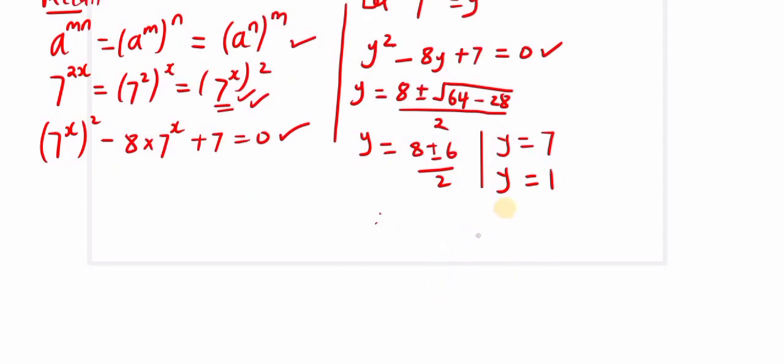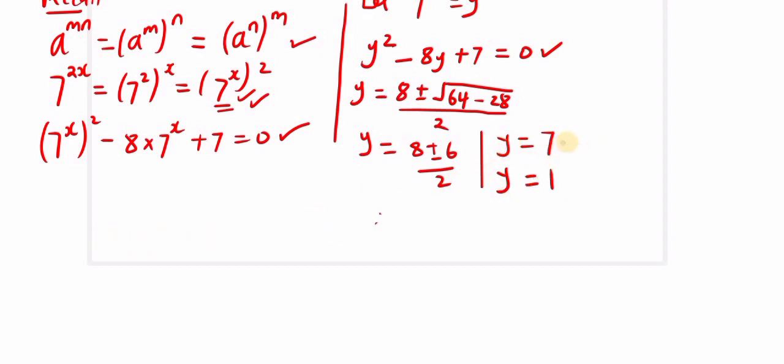I want us to note here that the equation originally wanted us to solve for x. Y is an unknown that we introduced. So at this stage, we are going to reintroduce 7 power x. Now in place of y, we'll have 7 power x.